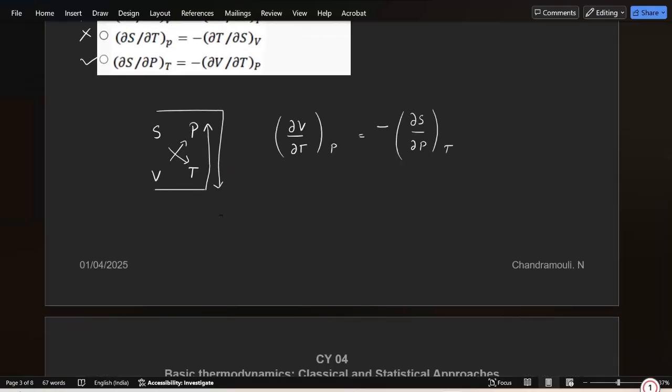Again, I'll do the same thing: S P V T. Now what do we have? del S by del P at constant temperature is equal to minus del V by del T at constant pressure. We actually have done it before.